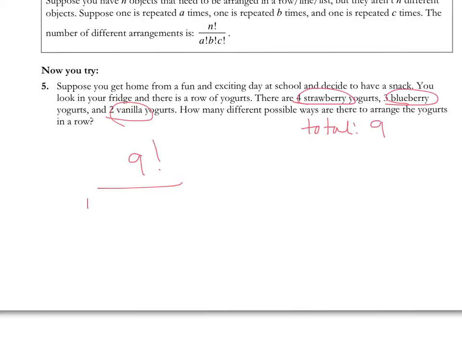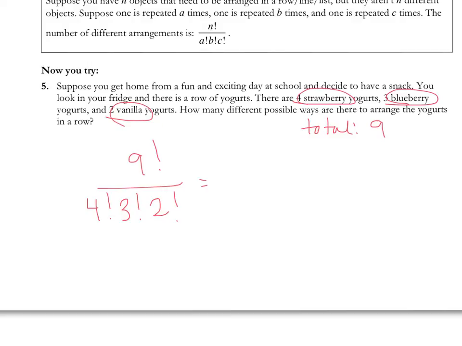Then we're going to divide by 4 factorial to deal with the extra times that this number counts arrangements that look the same, since there's 4 strawberry yogurts. Then we're going to divide by 3 factorial and 2 factorial to deal with the 3 blueberries and the 2 vanilla.